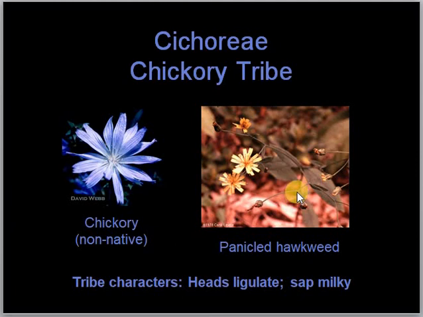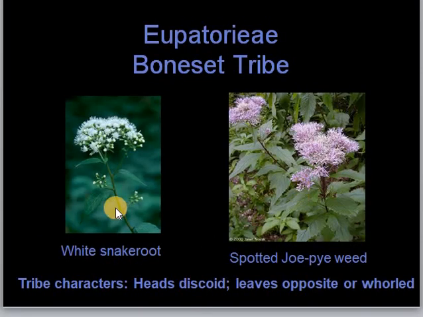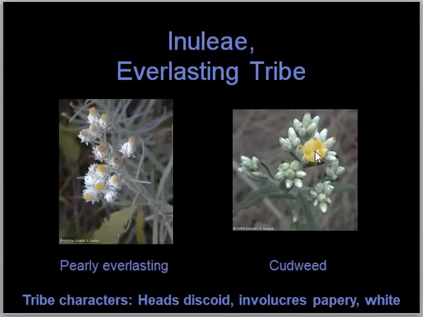Then Cichorieae or thistle tribe is also a plant belonging to this family. Then Eupatorium, the common weed of our environment. Eupatorium is a common weed which we observe in our surroundings and belongs to this family.